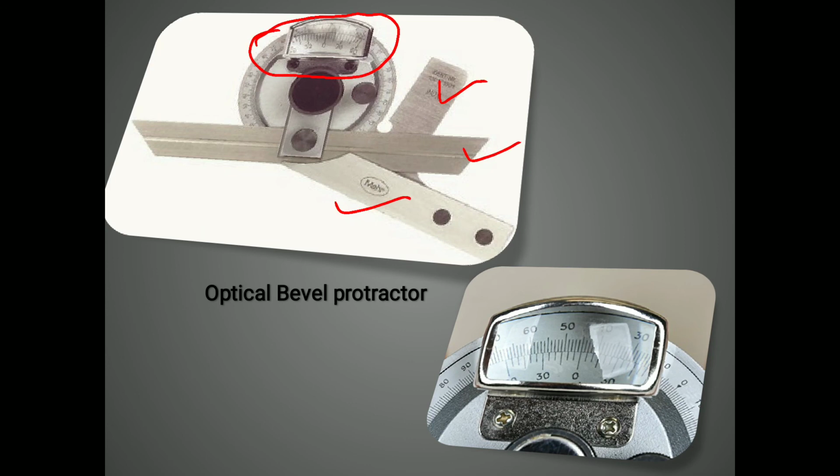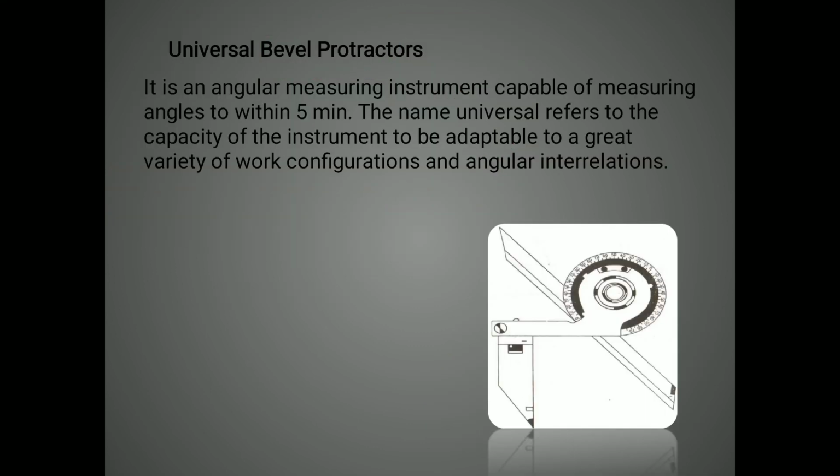Here you can see the close view of a lens. Those are attached with the turret. This is the universal bevel protractor. It is an angular measuring instrument capable of measuring angles within 5 minutes.